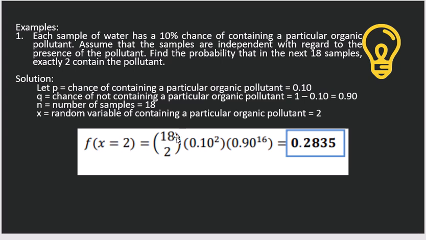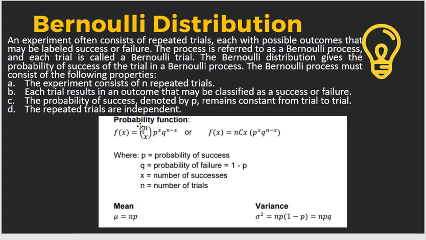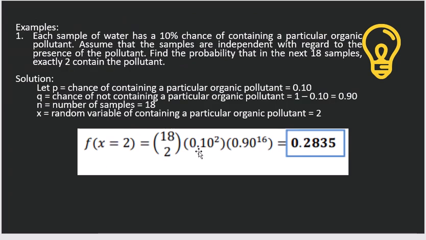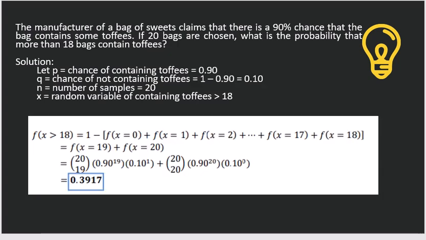So we have 18 choose 2, this will be your n and this will be your x, multiplied by 0.10 squared, quantity 0.90 raised to 16. So this will be equal to 0.2835.